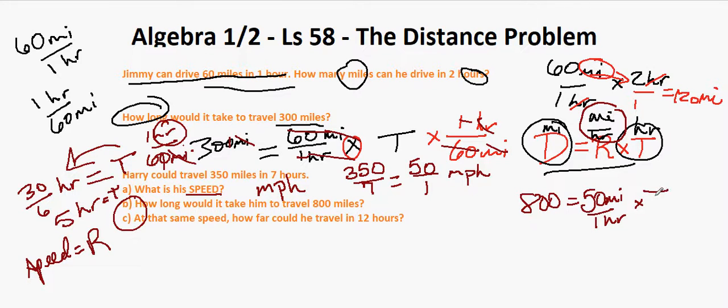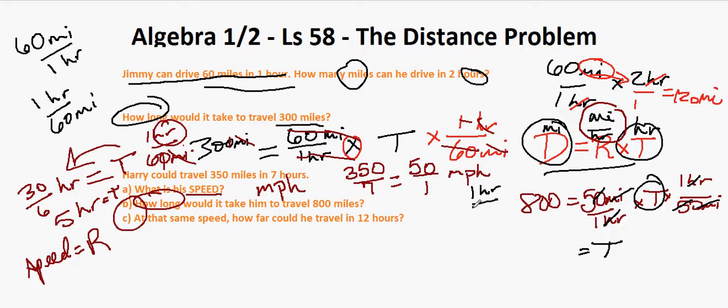Times, we don't know, they're asking us how long. So another one of these problems. 800 equals 50 miles times T. So we need to use the reciprocal over here. 1 hour over 50 miles. Everything cancels, leaving just time. But we did it on the left too.